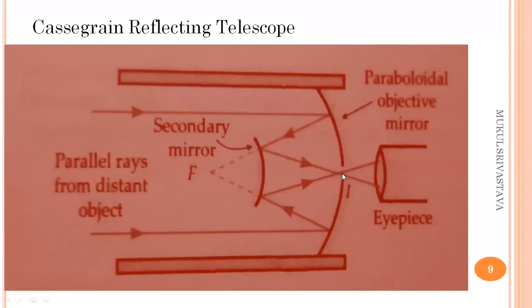So the image is formed at I. The first image formed at F is inverted with respect to the distant object, and the second image I, which is formed here, is erect with respect to the first image at F. And the final image is inverted with respect to the object in this case of the Cassegrain reflecting telescope.